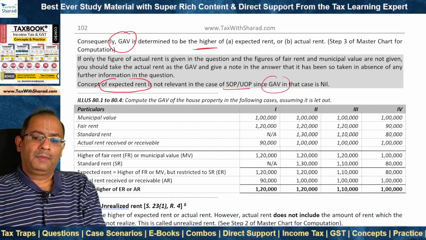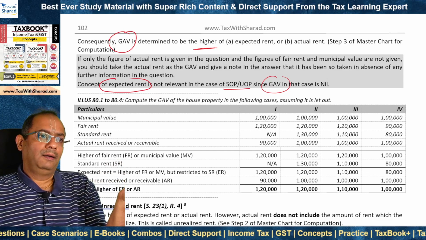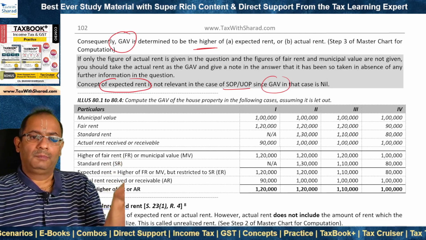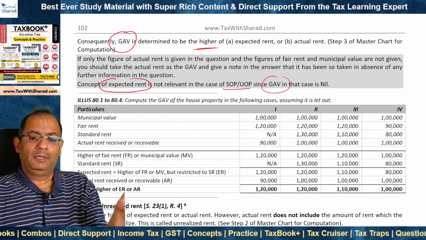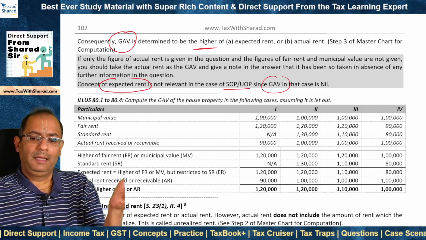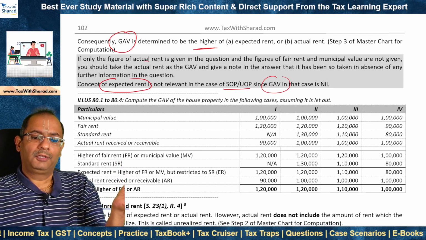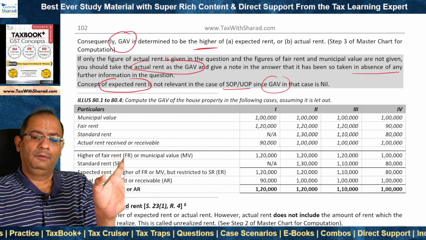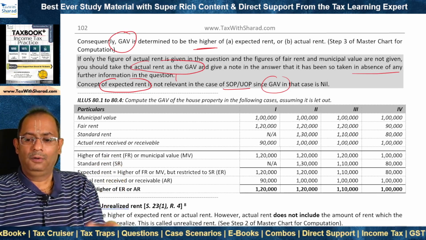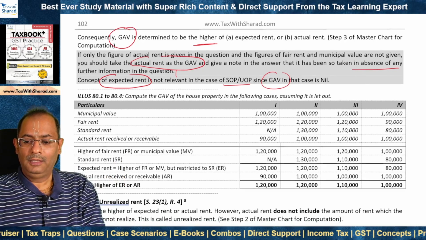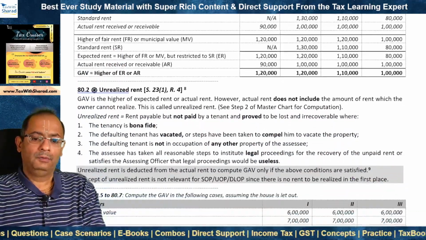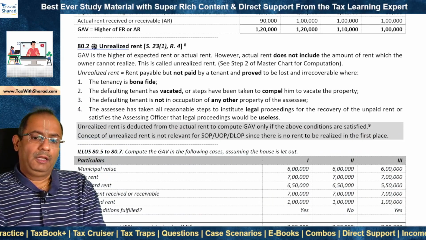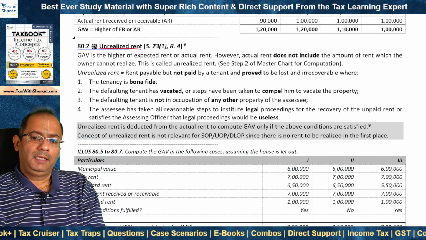So we can say, for example, if the fair rent or the municipal value or standard rent is not given but only the actual rent is given, that the value of actual rent is being taken as the GAV in absence of any further information in the question. So depending on the facts of the question, we can make suitable assumptions, give a note, and then do the calculations. We now look at the concept of unrealized rent.